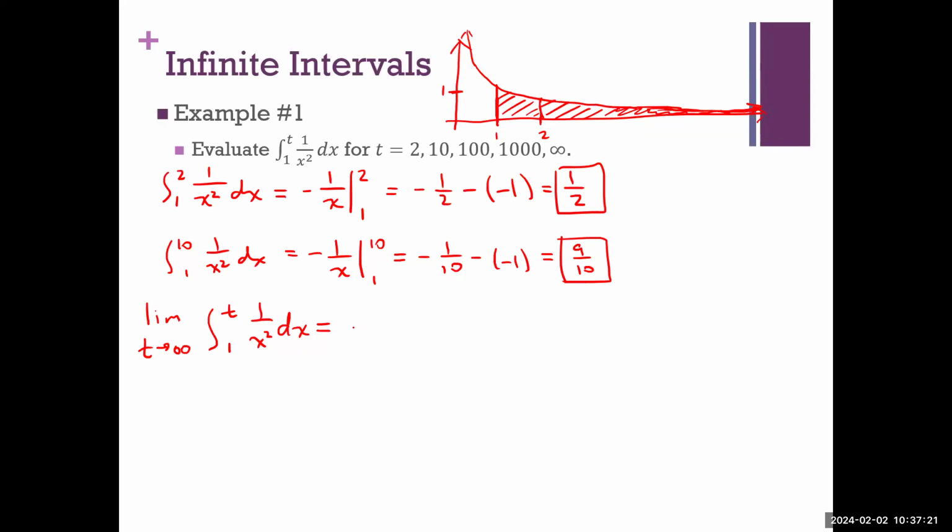I still need the antiderivative, which is still -1 over x, right? I don't want to forget my limit operator. The limit as t goes to infinity of what? -1 over x from 1 to t. So now that I've taken the antiderivative, what do I do with it to think about the integral?